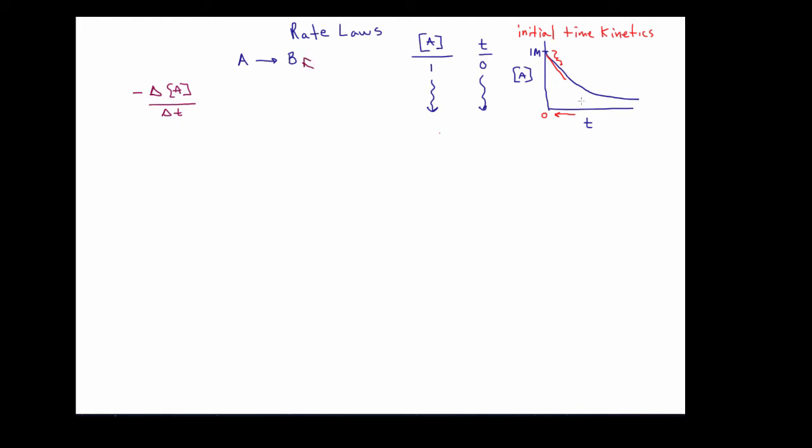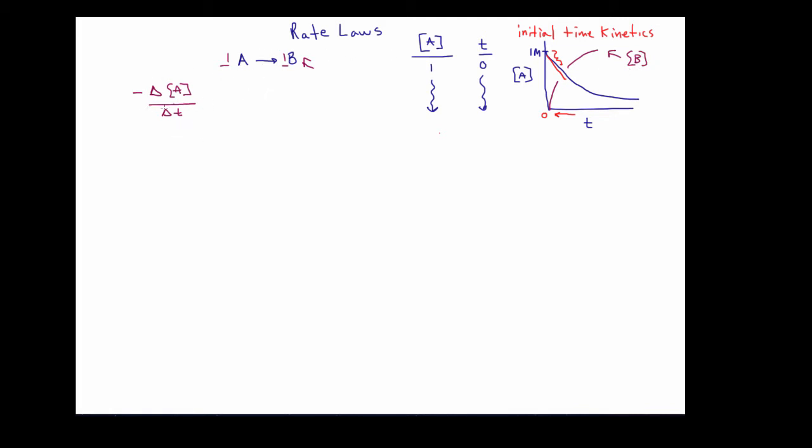If we were to put B on this graph over here, you would see it going up like this. It would be a reflection of A. Since my coefficients here are 1 to 1, B literally would be a reflection of the curve for A in this case, because the coefficients are equal.